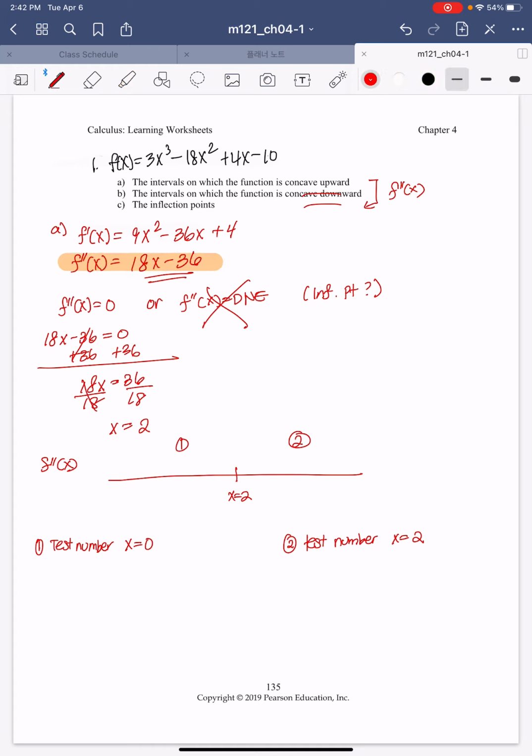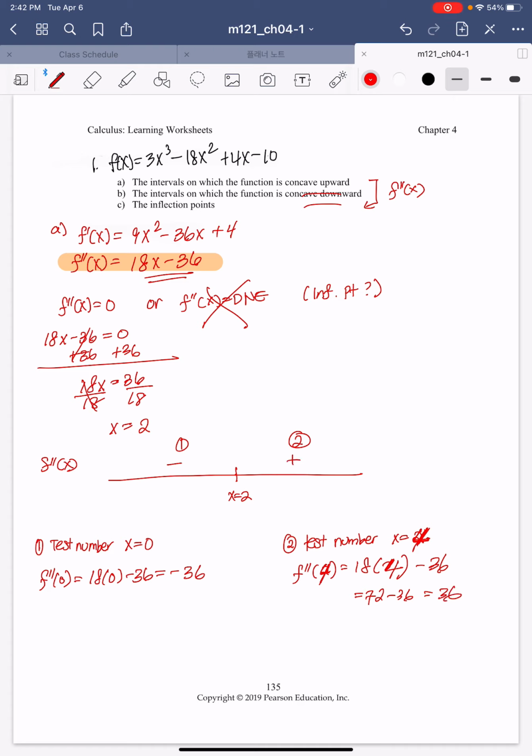So I have f double prime of 0. That's 18 times 0 minus 36. I get negative 36, so that means I have a negative. And then f double prime of 4, that's 18 times 4 minus 36. We do not want to use 2 because that's the partitioning number. My bad. So that's 72 minus 36, and I get positive 36.